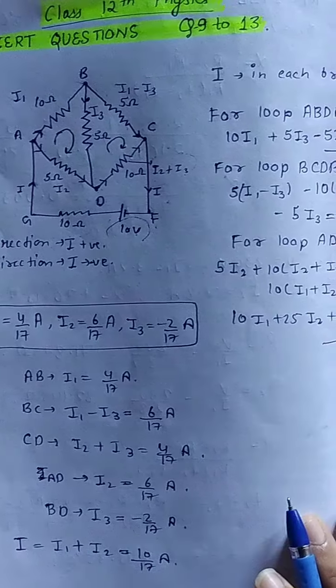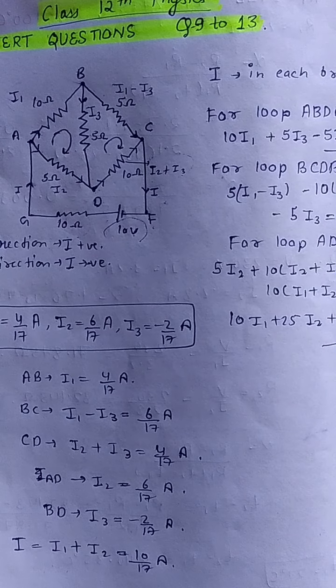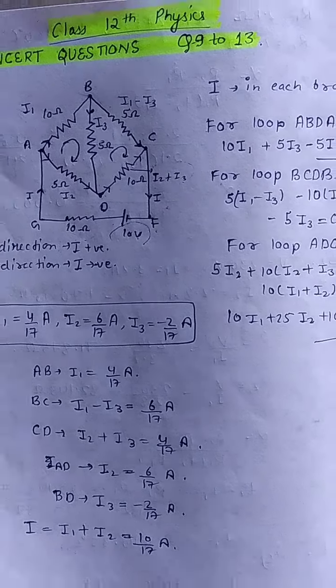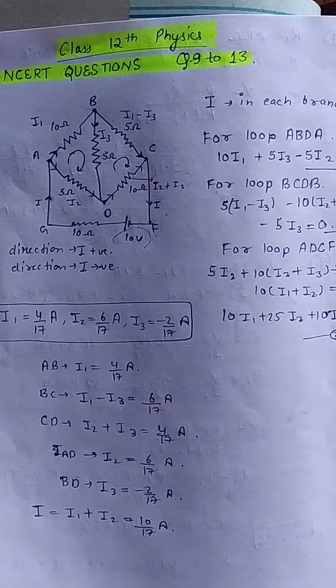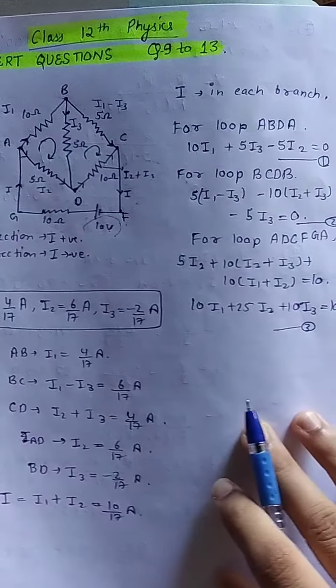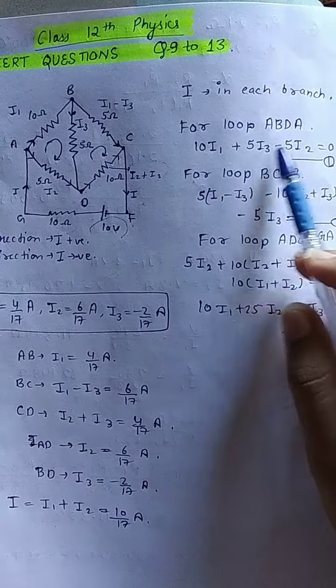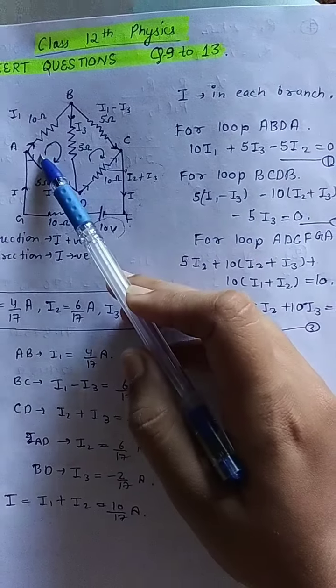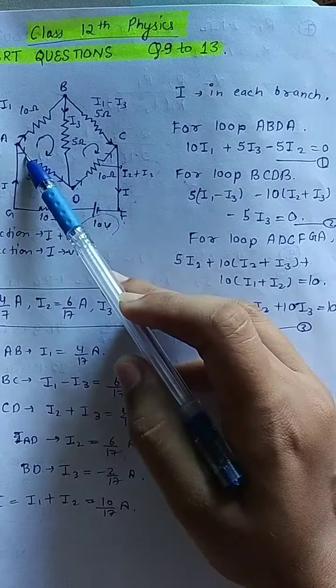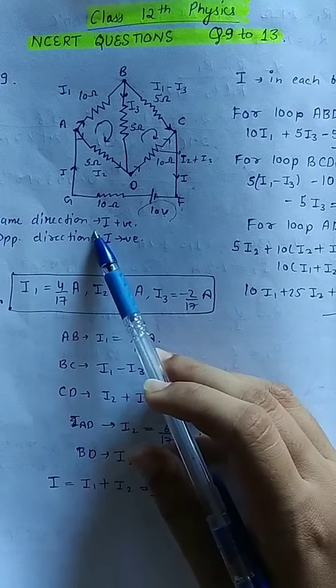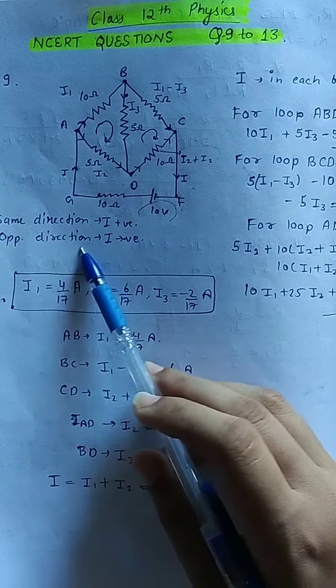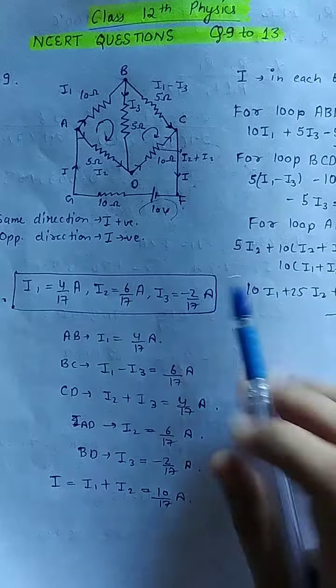Now we have to find the current in each branch by applying Kirchhoff's law. For loop ABDA, this is the loop ABDA. For the same direction, current is positive, and for the opposite direction, current is negative.